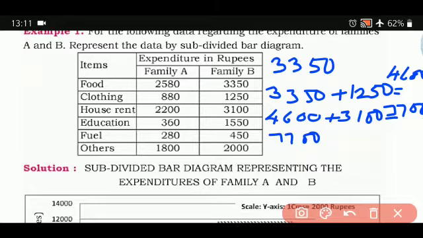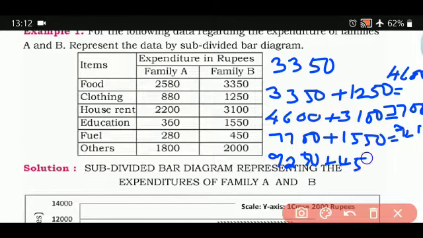So 7700 plus 1550 is 9250. Please, you have to make the calculations and solve on your own. And this is 9250 plus 450.